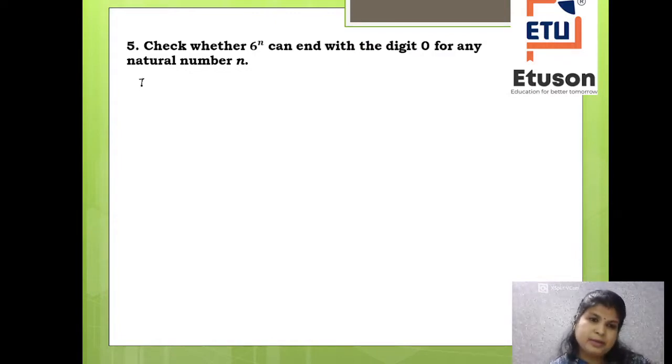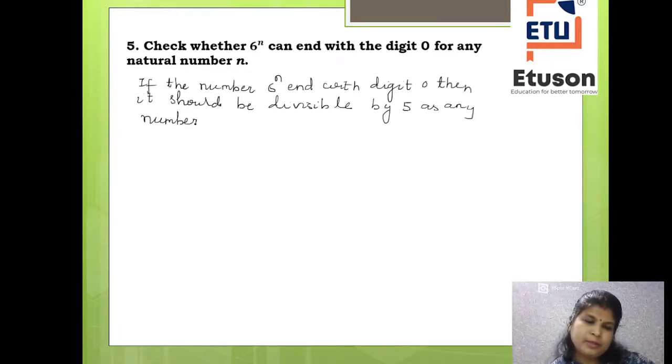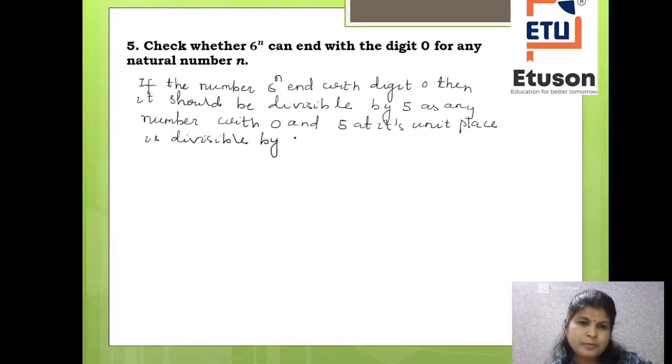So same thing I am going to write here. So if the number 6 to the power n ends with digit 0, then it should be divisible by 5, as any number with 0 and 5 at its unit place is divisible by 5.